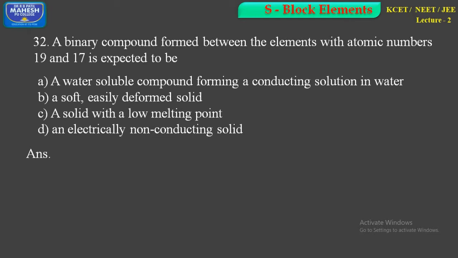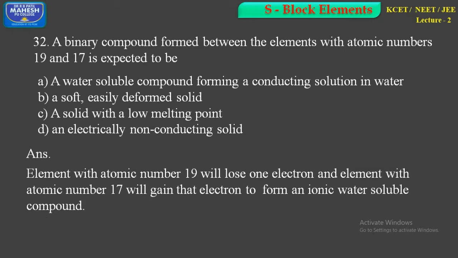Students, element with atomic number 19, that is potassium, will lose one electron, and element with atomic number 17, that is chlorine, will gain that one electron to form an ionic water soluble compound, that is potassium chloride, KCl.